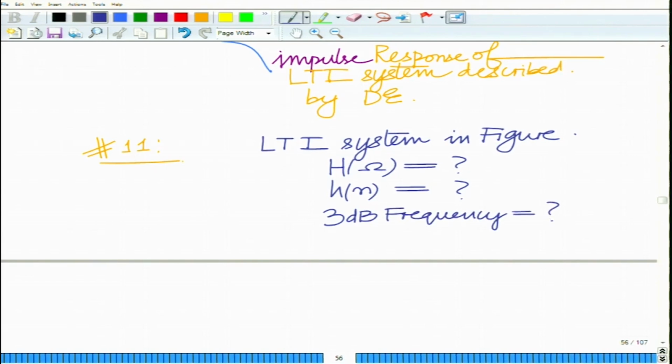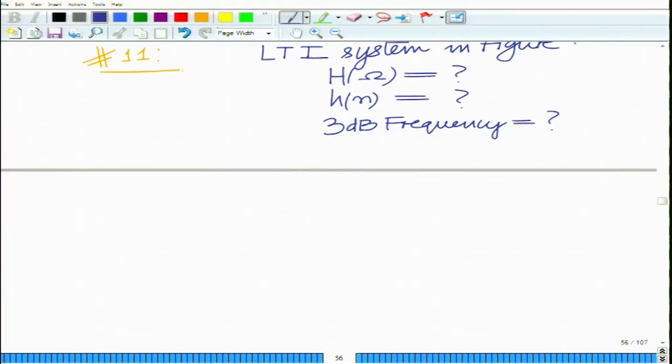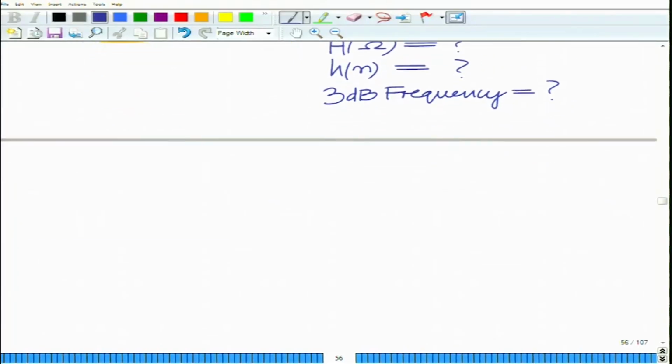Remember, if you look at a low pass filter, the 3 dB frequency is defined as that point on frequency at which the amplitude is 1 over square root 2 that of the maximum. So, basically the power at that point corresponds to half of the maximum power. So, we also need to find the 3 dB frequency of this filter. In that sense, let us start with the impulse response.